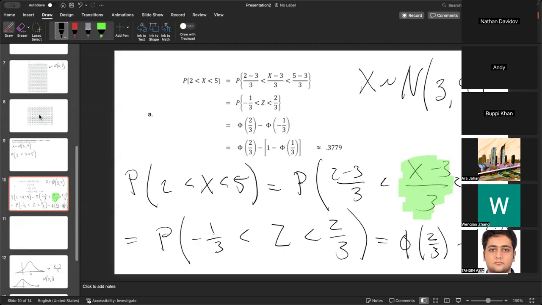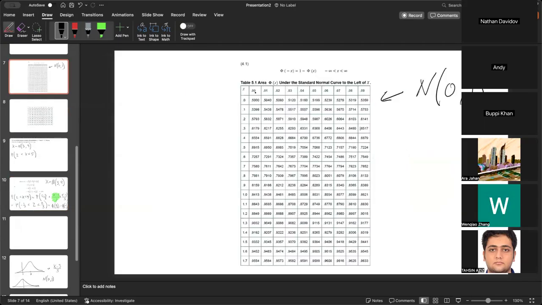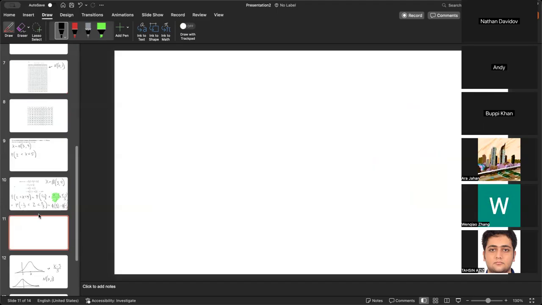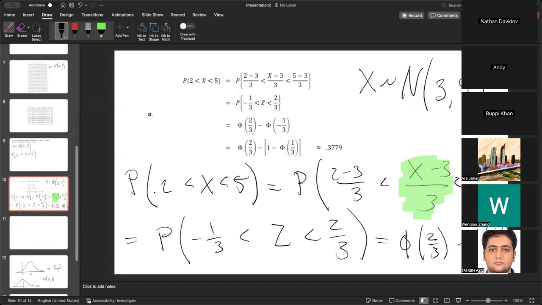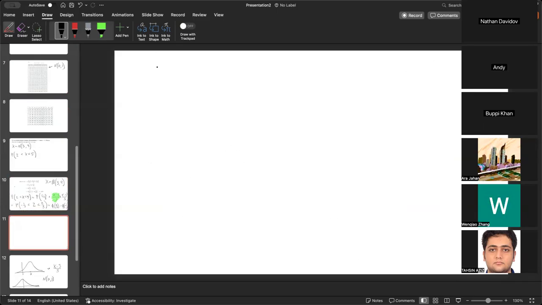If you'll notice, there are actually no negative values on my table here. So how am I going to find phi of minus 1/3? Well, phi of minus 1/3 is actually 1 minus phi of a third.